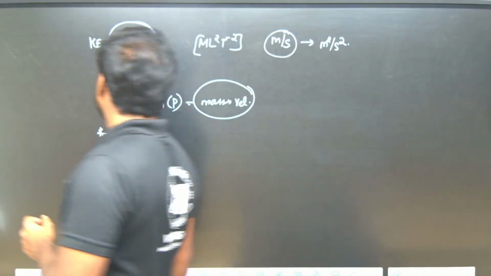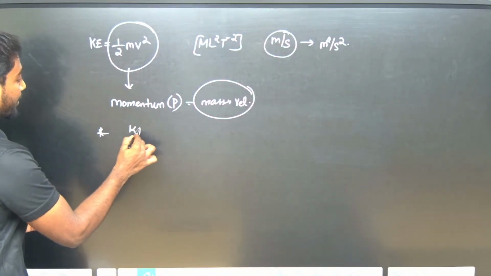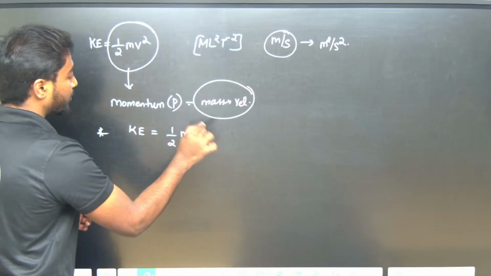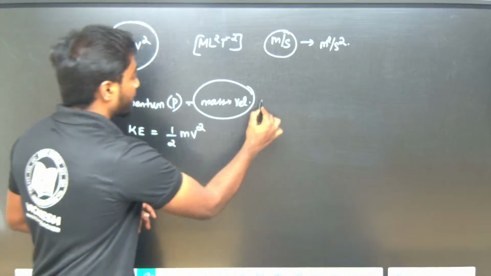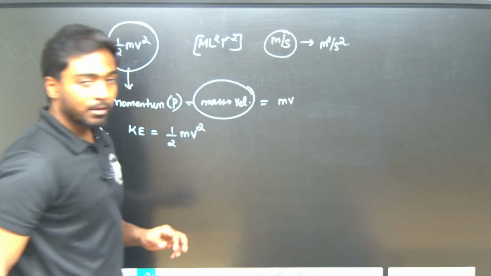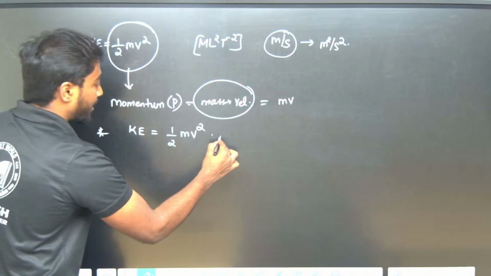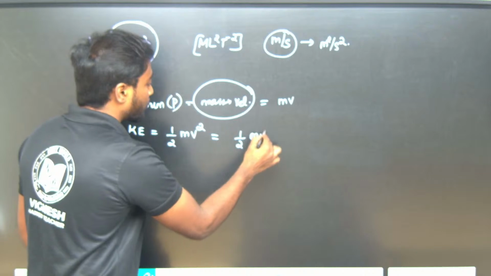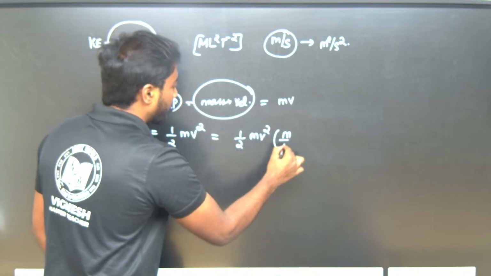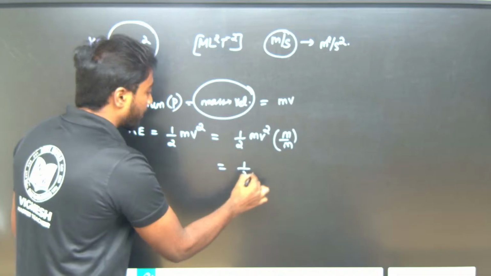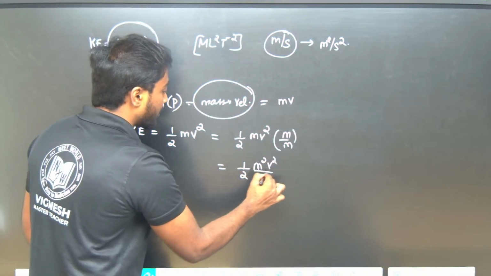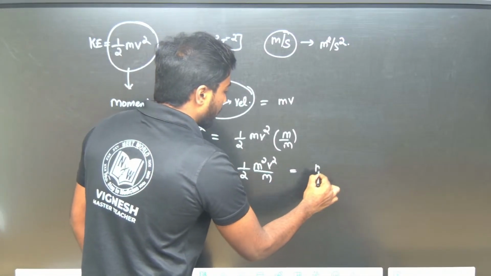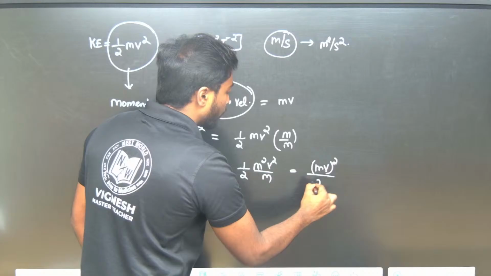Before that, let me derive it. Kinetic energy is equal to 1 by 2 mass into velocity square. Momentum is nothing but mv, right? So can I multiply by m and divide by m? 1 by 2 mv square into m by m gives 1 by 2 m square v square by m, that is mv the whole square by 2m.